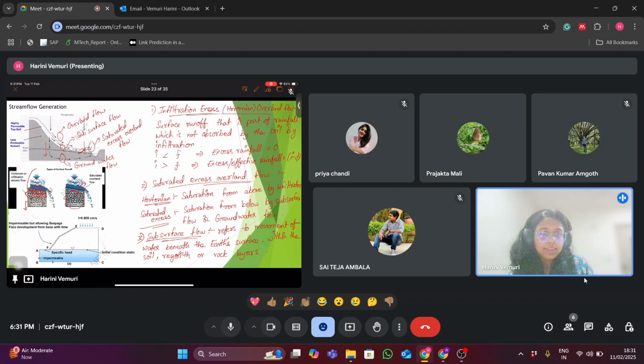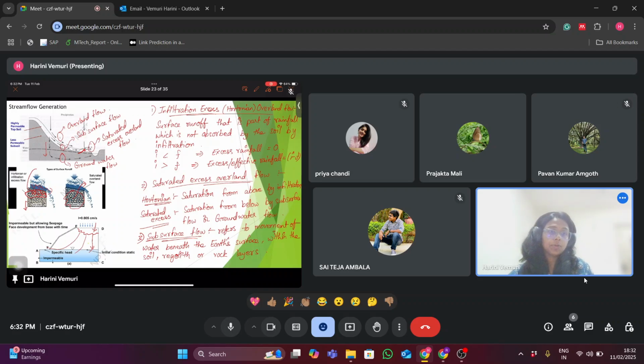So what is happening is when the rainfall is occurring, this part of soil will get infiltrated and get saturated, right? And this distance is less, so the flow will occur like this. This is called subsurface flow. Okay. So primarily this will occur in vegetated surfaces in humid areas where intensity is less than infiltration capacity, and also it is a very slow process.